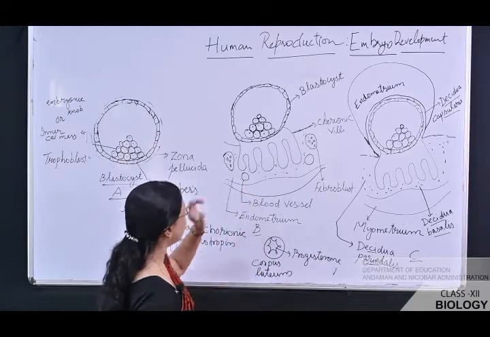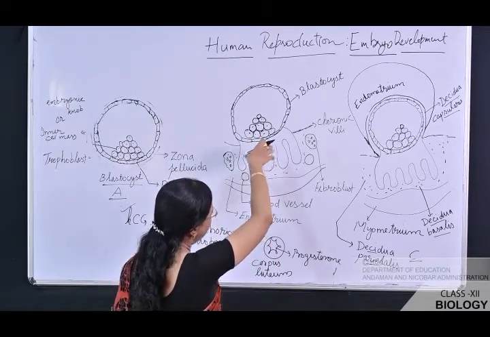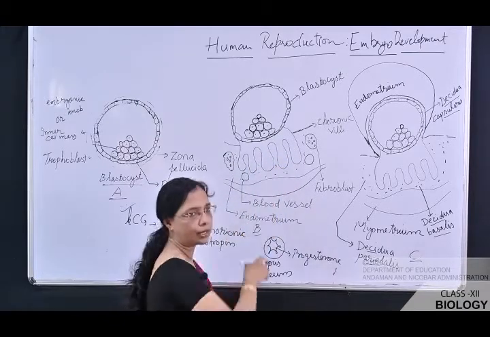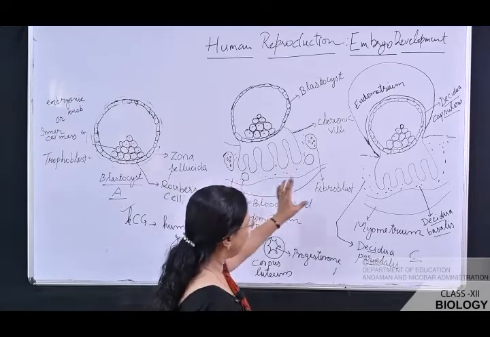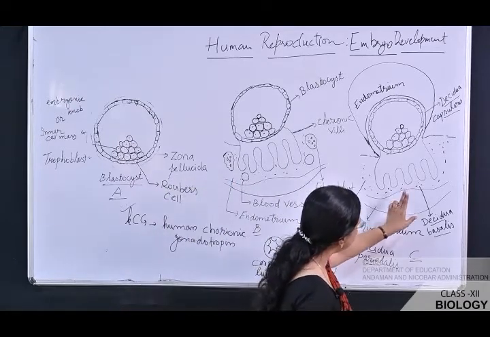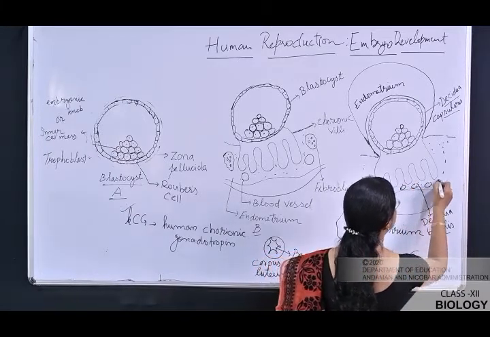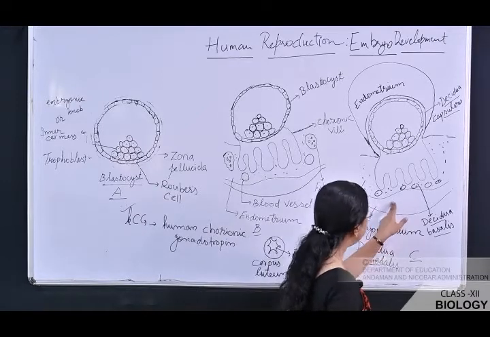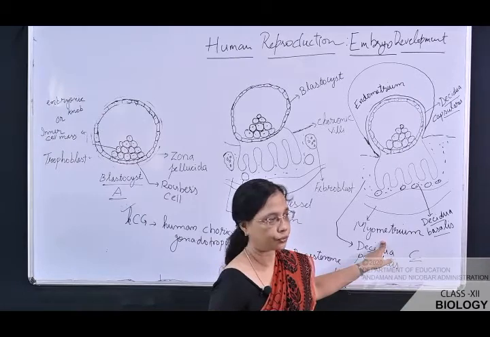Now come to this topic. The blastocyst penetrates with the help of chorionic villi, enters the endometrial tissues, and here you can see it comes in contact with the maternal blood vessels. Now this is the myometrium, a smooth muscular tissue.